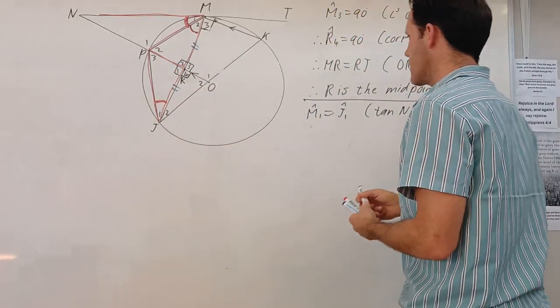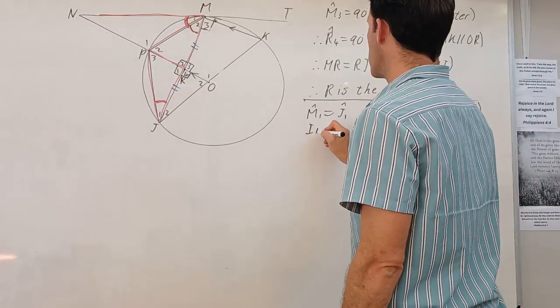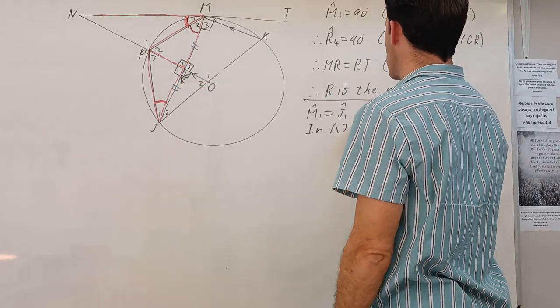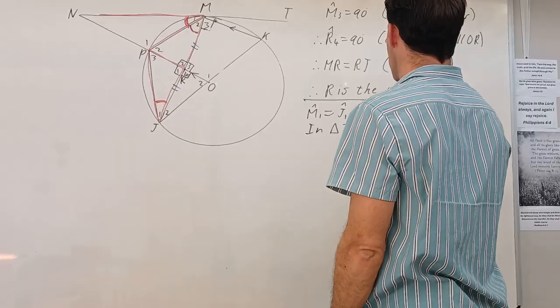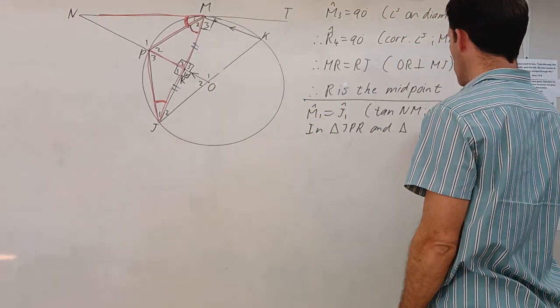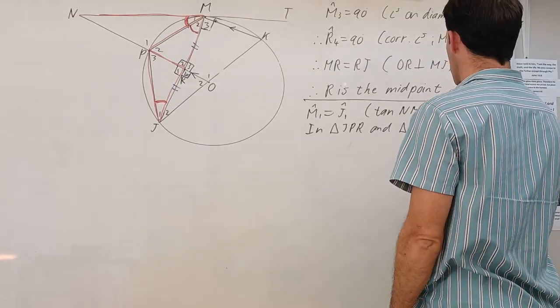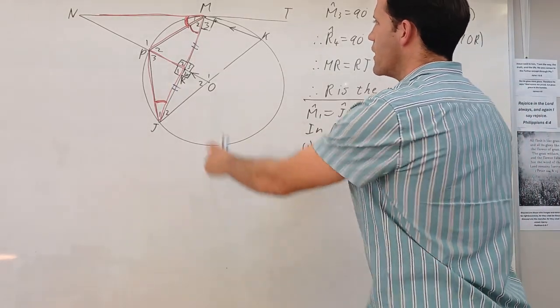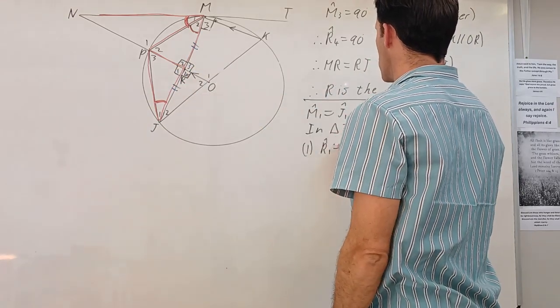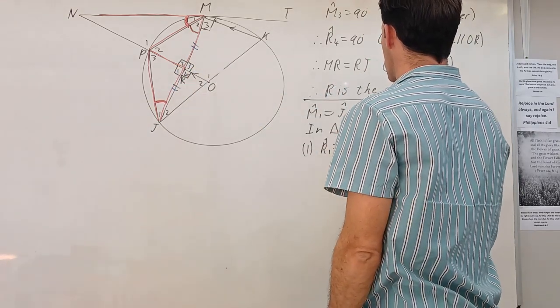So we can say, okay, right, in triangle JPR and triangle MPR, first of all, we can say that R1 is equal to R2. They're both equal to 90.